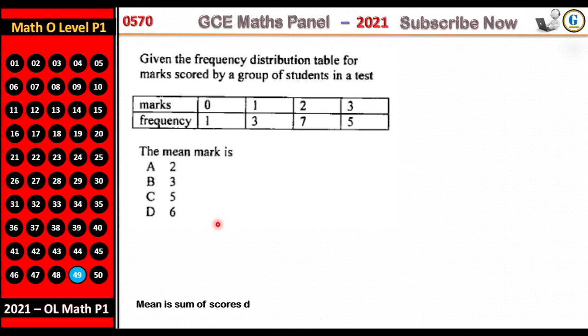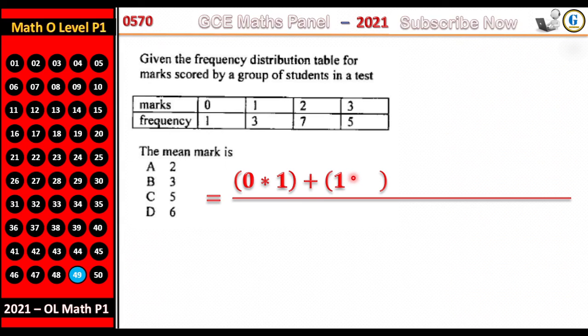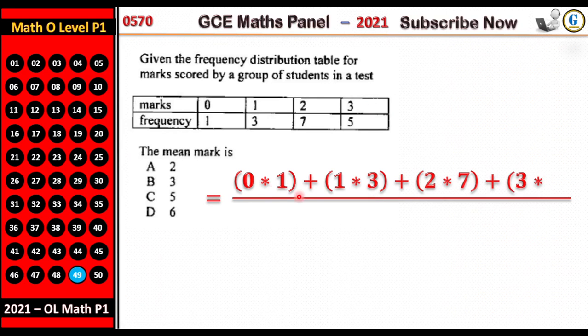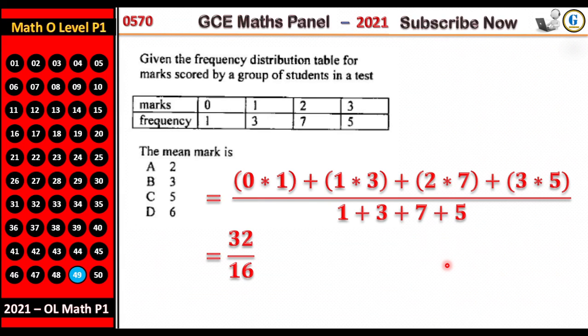So each score times its frequency, because 0 occurs 1, so you have 0 times 1 plus 1 times 3 plus 2 times 7 plus 3 times 5, all over the sum of frequency. The frequencies are 1, 3, 7, and 5. But when you simplify all of that, guys, what does that give us in the calculators? 32 over 16, which is equal to what? 2. The mean mark is 2.